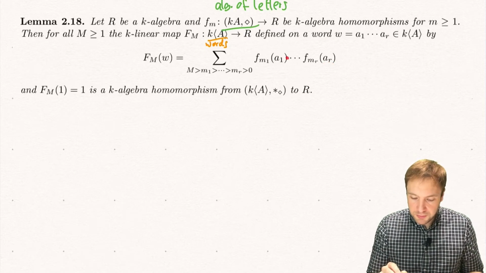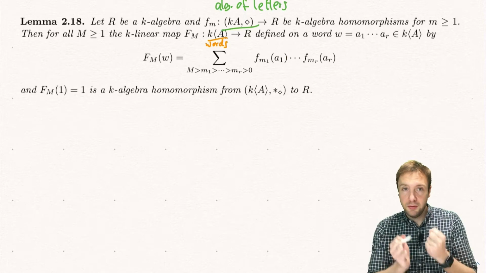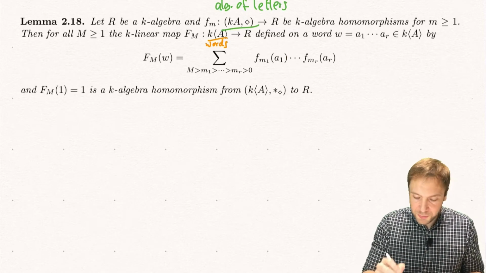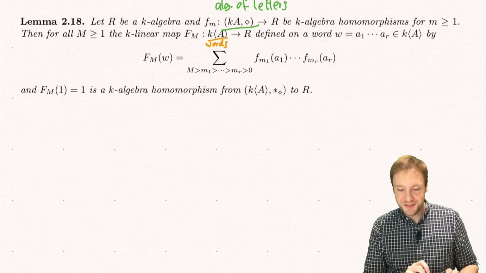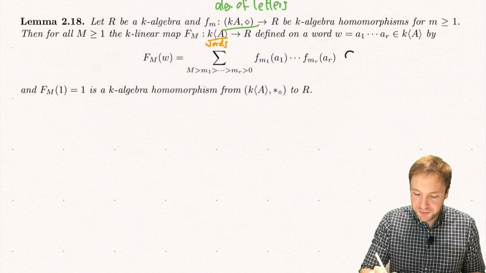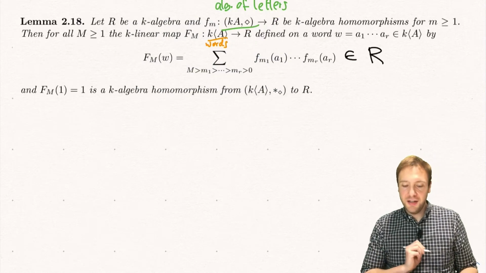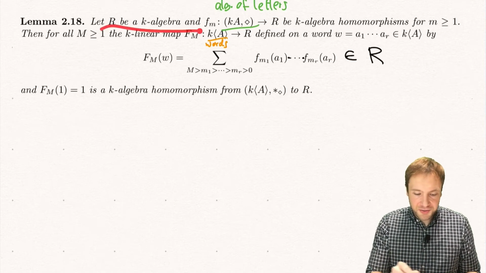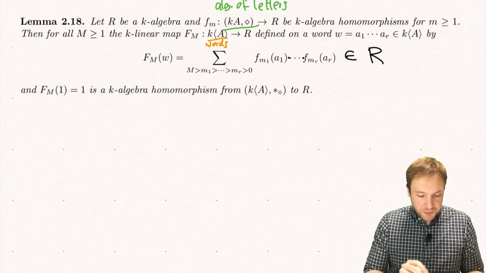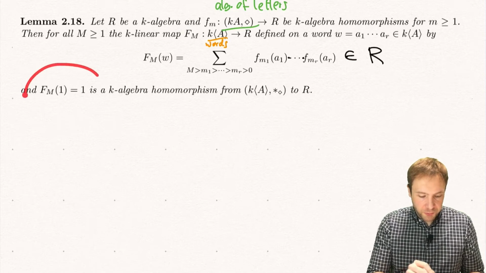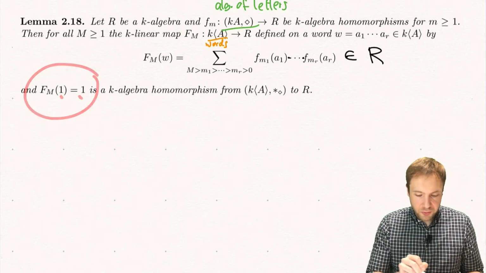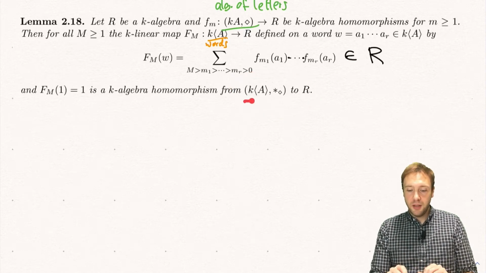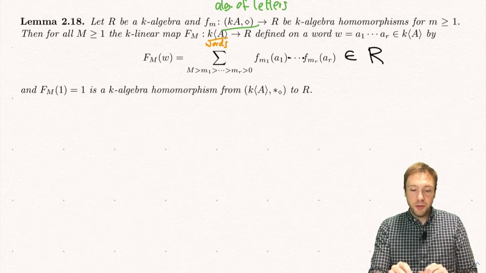And we multiply, so the multiplication here is of course just the multiplication of elements in R, which is the K-algebra. Also we set the image of the empty word to 1, and then the statement is that we get an algebra homomorphism from the algebra of words.